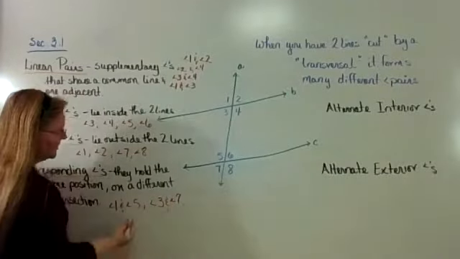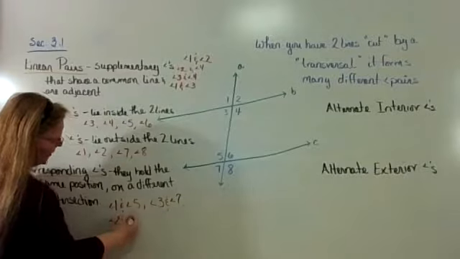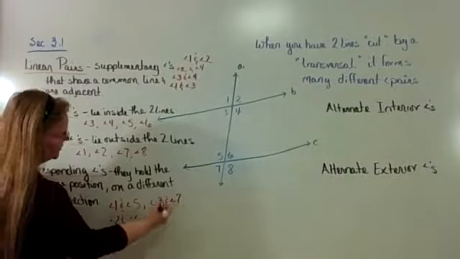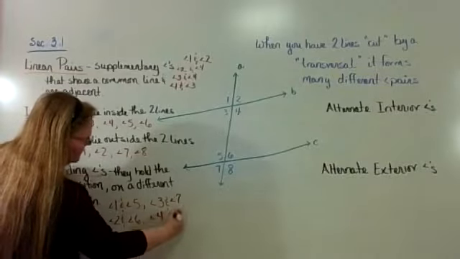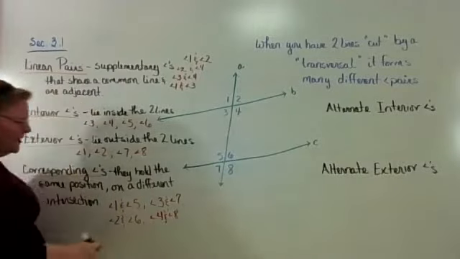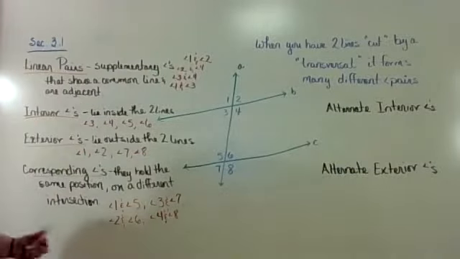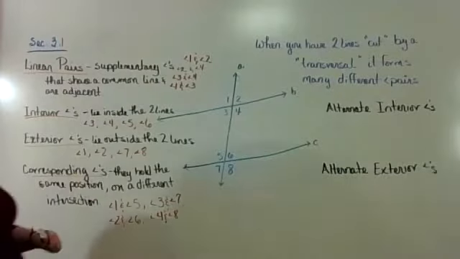Angle 3 and angle 7. And then I heard angle 2 and angle 6, which leaves us with angle 4 and angle 8. See, I told you I knew what you were saying. Just that simple. Can't write them as fast as you can say them, but they're there.